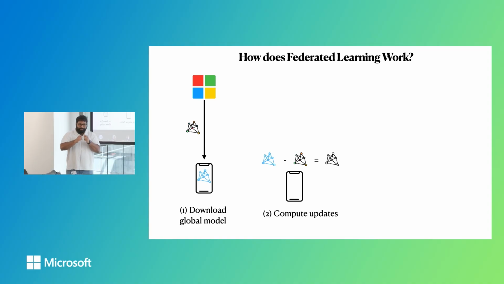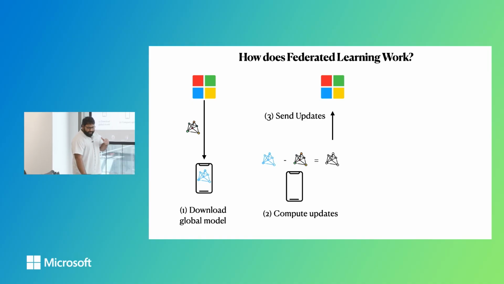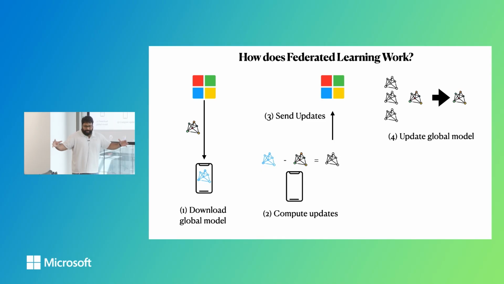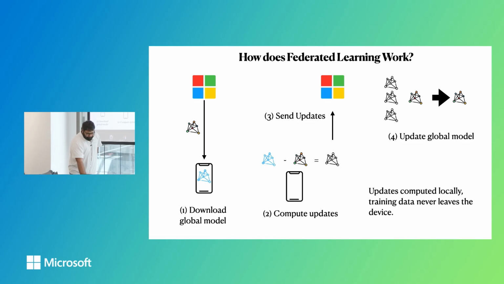So the device is going to compute updates to this model locally. Okay, so there's no communication so far. All the updates are going to be computed locally, and then the device is going to send these updates to the server, and the server is going to collect all these updates from multiple devices and update the global model.